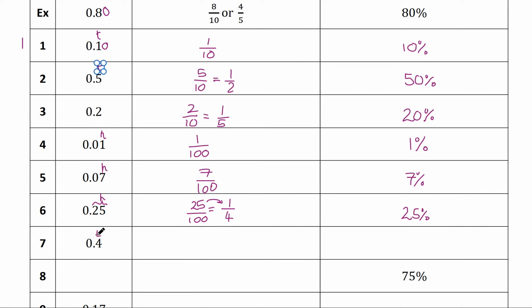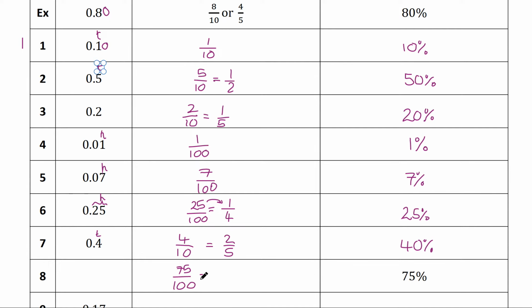On number 7 we've got 4 in the tenths, 4/10, or 2/5. And that would be 40%. Number 8, we've been given the percentage, so I'm going to write this as a fraction first, so 75 over 100, and then I'm going to simplify down.